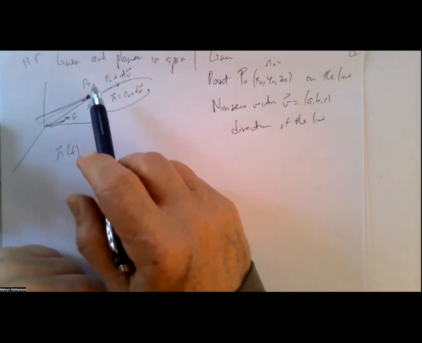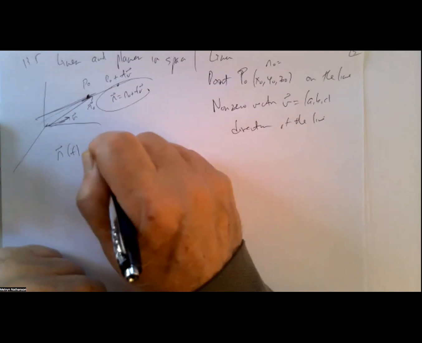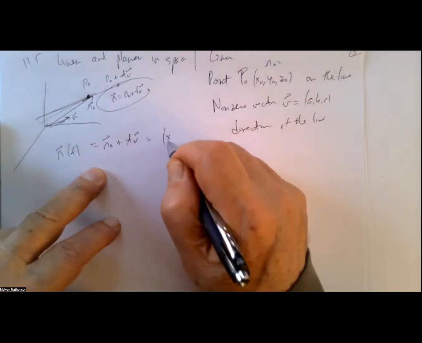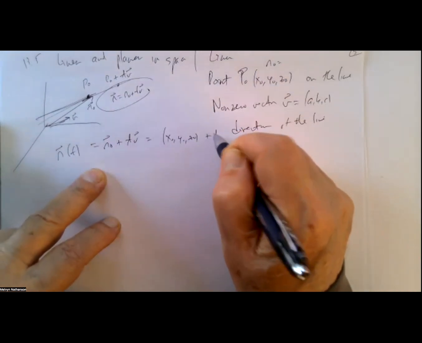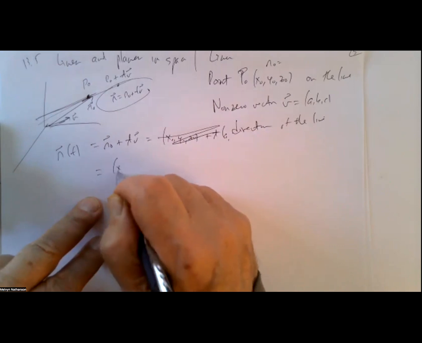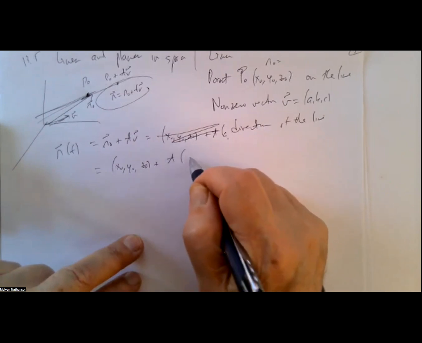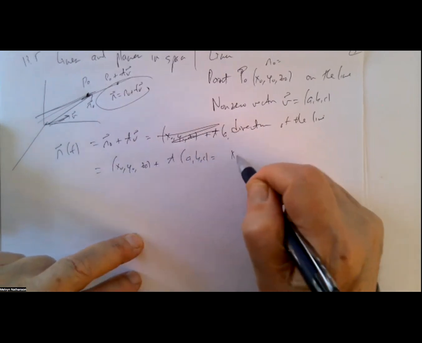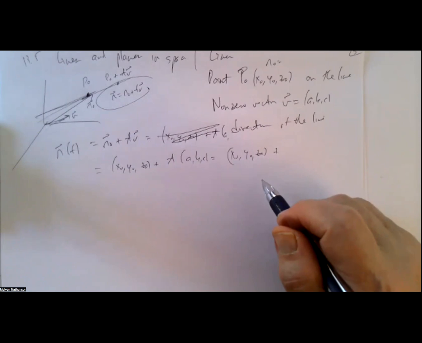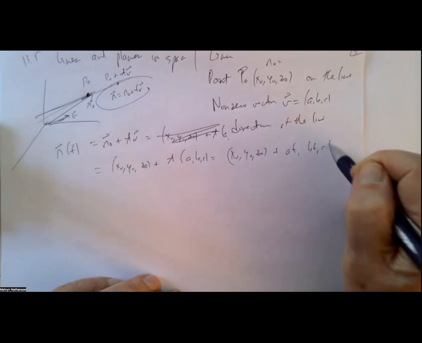It says you have a point in space and its position at time t is given by this formula: r naught plus t times v. r naught has coordinates x naught, y naught, z naught, and v has coordinates a, b, c, so this is x naught, y naught, z naught plus at, bt, ct.